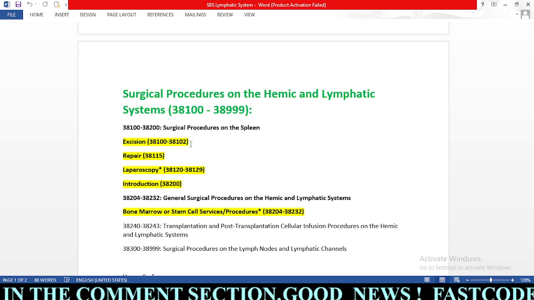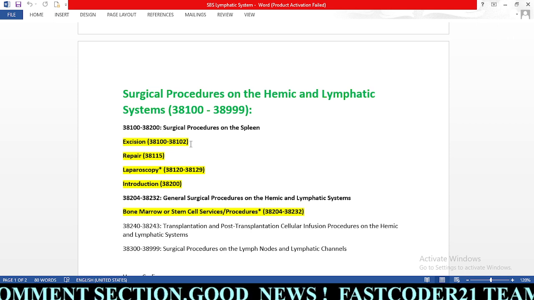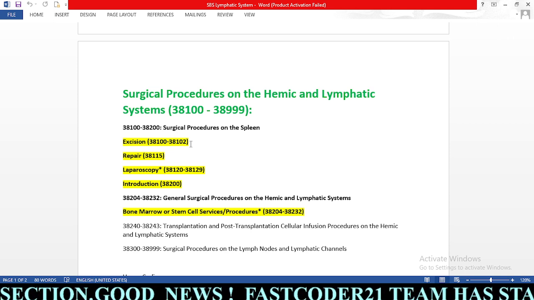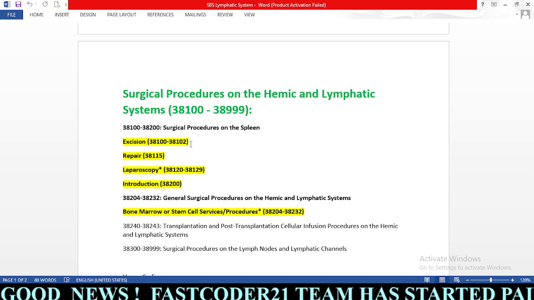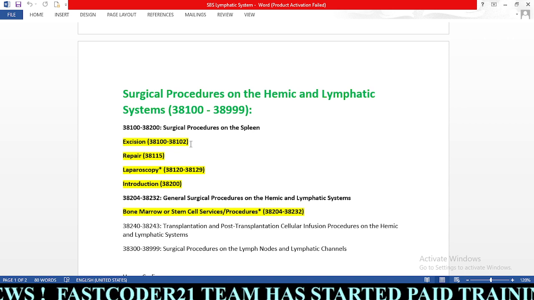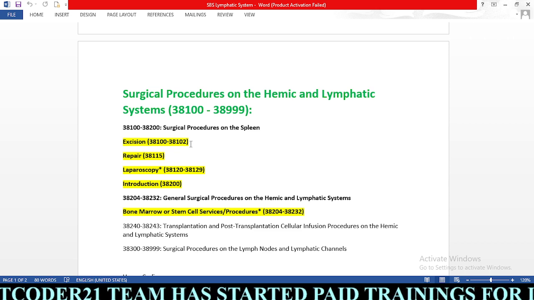Based on the patient's condition, the physician will decide whether the patient needs total splenectomy, partial splenectomy or total en bloc for extensive disease. In order to code properly, we need to check the documentation whether the physician has performed total splenectomy, partial splenectomy or total en bloc.